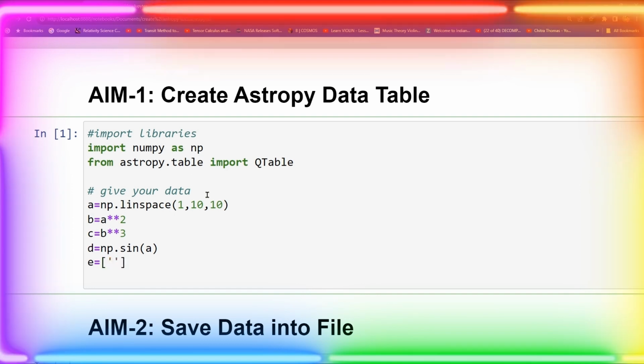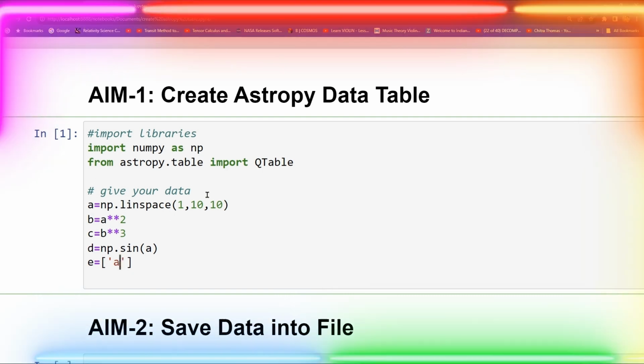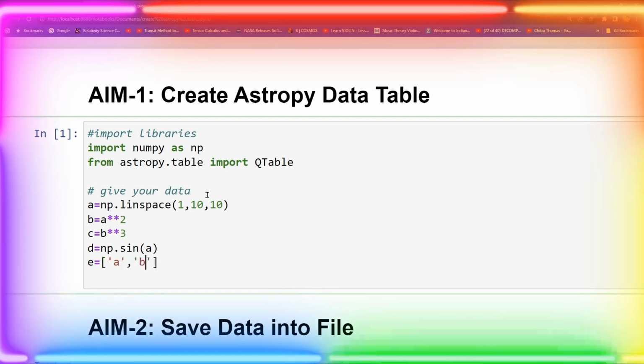And you can also give a string array, e equal to, say, a, b, c, d, e, random, no problem, w, x, y, and then z.